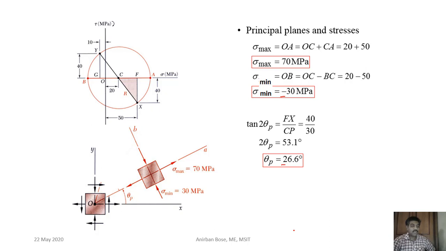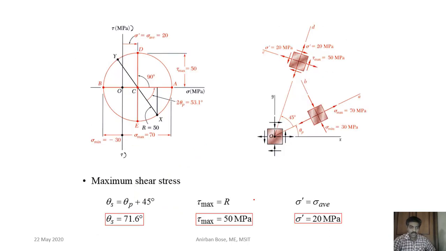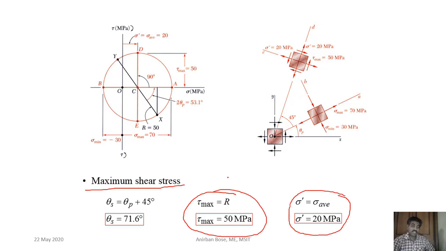Then it will have some meaning. So in this way it is possible to find out everything, like the position of the maximum shear stress and its magnitude, or the value of the normal stress where the shear stress is maximum. So anything you can find out.